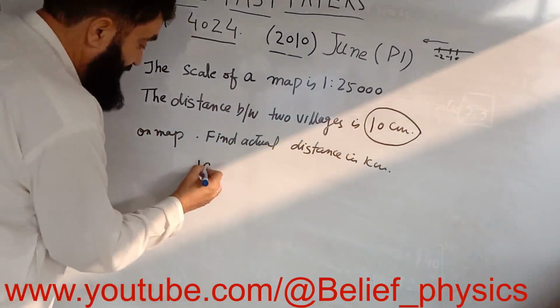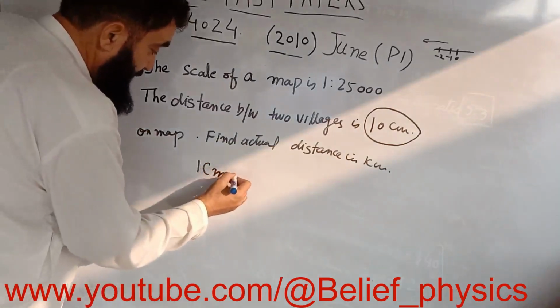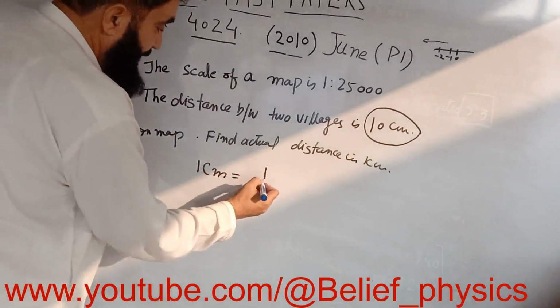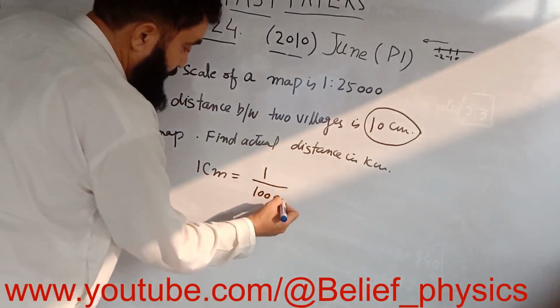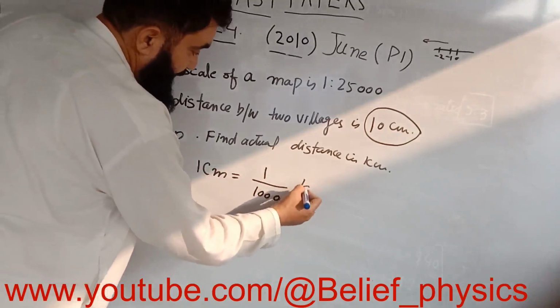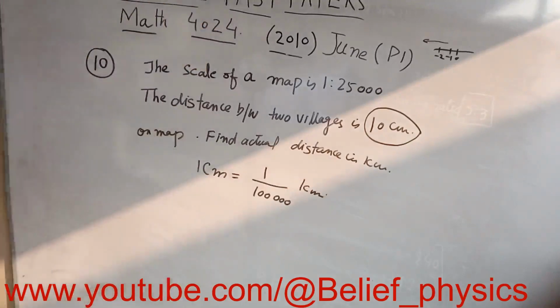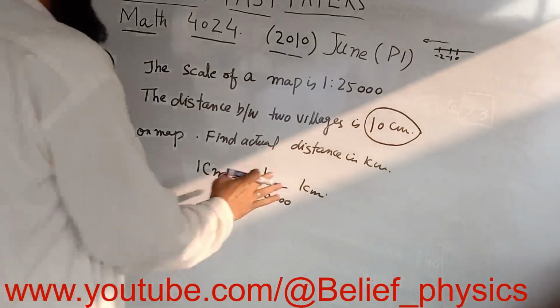Now understand one thing, 1 centimeter is equal to 1 divided by 100,000 kilometer. Understand? This is the conversion between centimeter and kilometer.